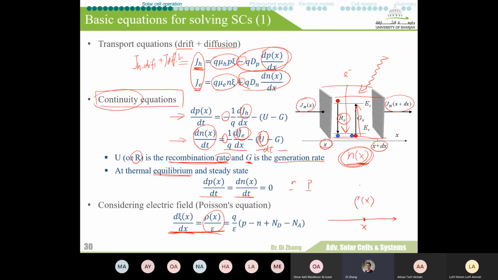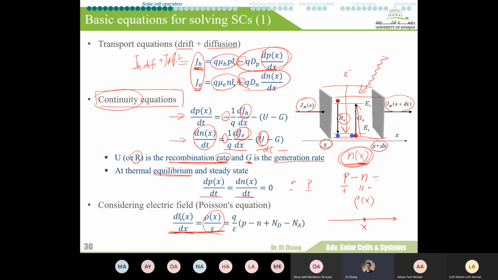For the charges, we have to use the hole concentration, because that gives a positive space charge, minus the number of electrons, which gives a negative space charge.